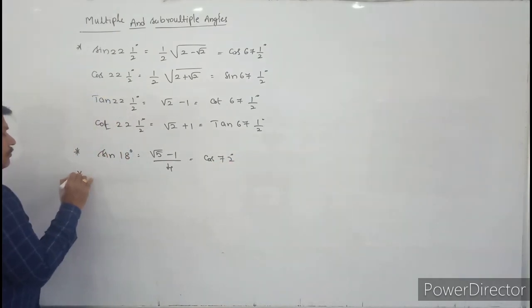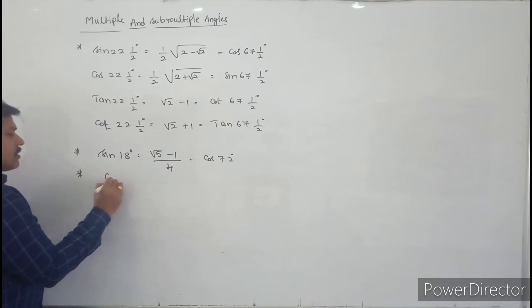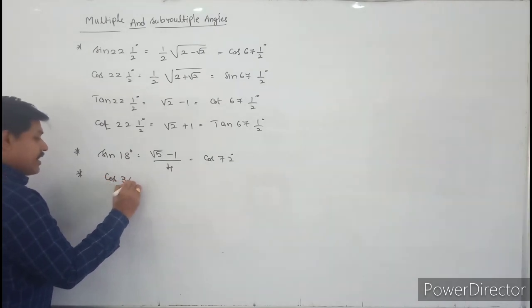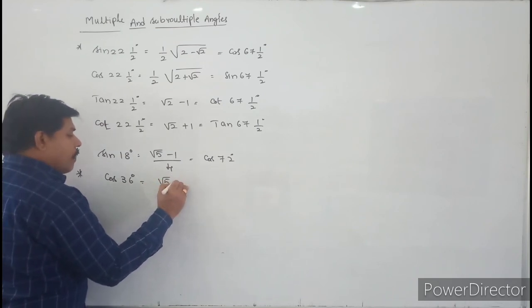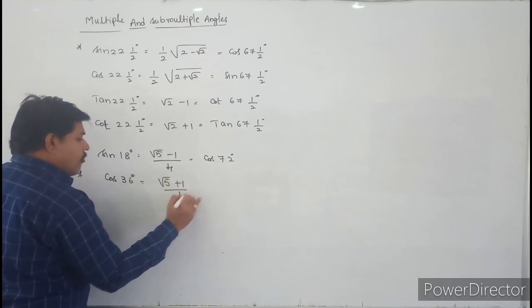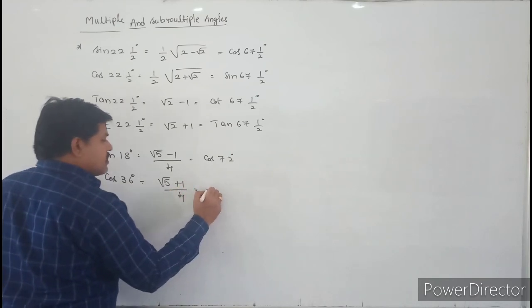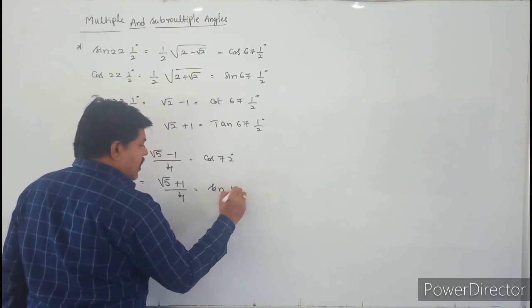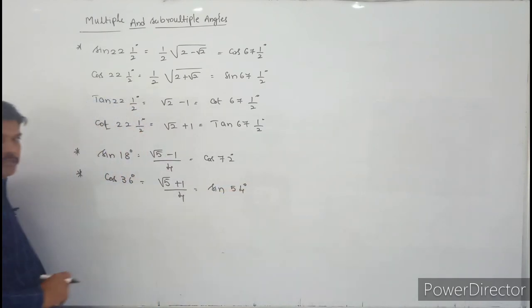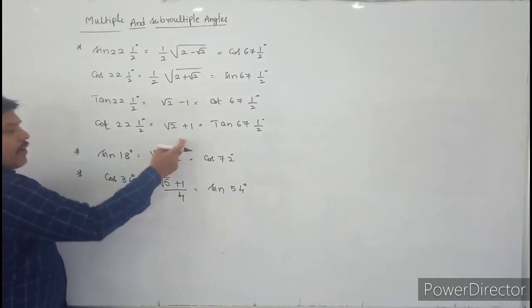And also cos 36 degrees is nothing but root 5 plus 1 by 4. This is nothing but sine of 90 minus 36, that is 54 degrees. Sine 18 is root 5 minus 1 by 4.